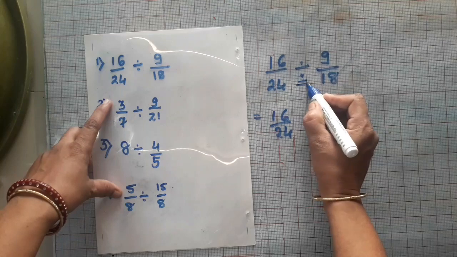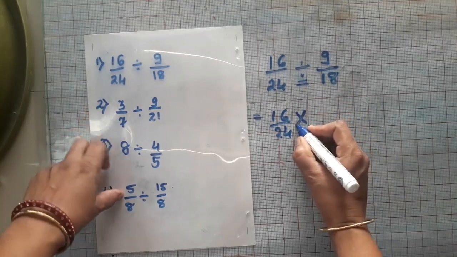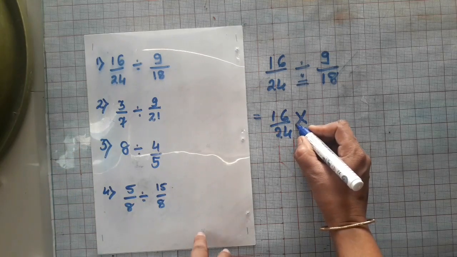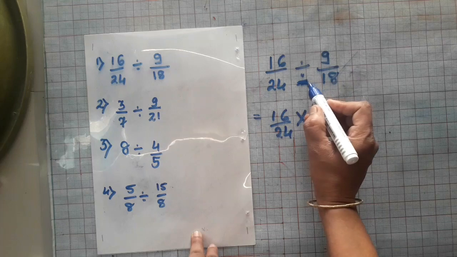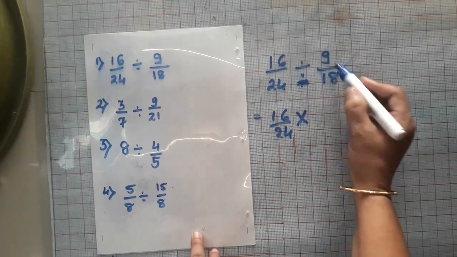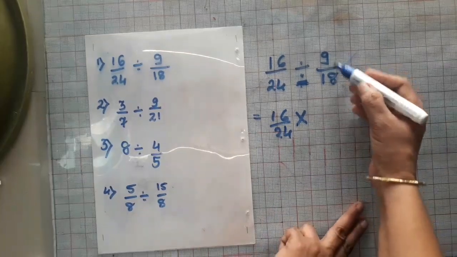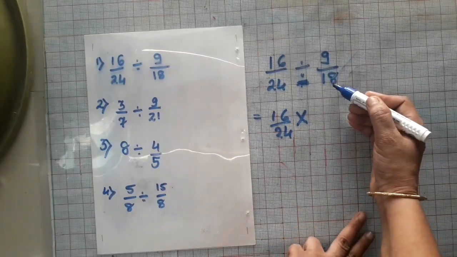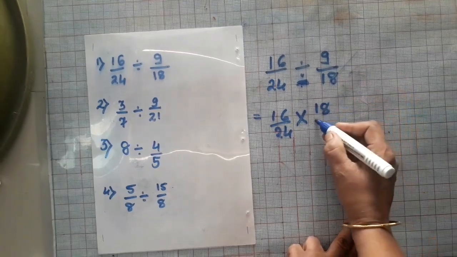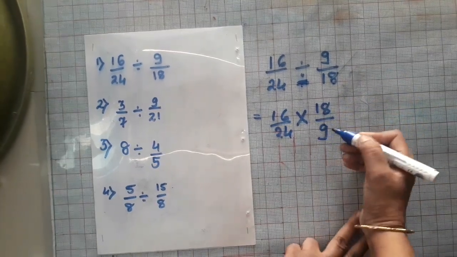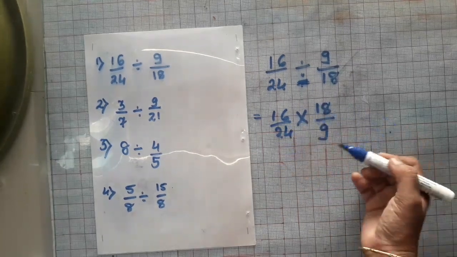In place of division, you need to write multiplication and then write the reciprocal of the number given after the division sign. So after the division sign 9 upon 18 is written, you have to write the reciprocal of 9 upon 18, that is denominator becomes numerator and numerator becomes denominator. So 18 upon 9, and now you have to reduce these numbers.